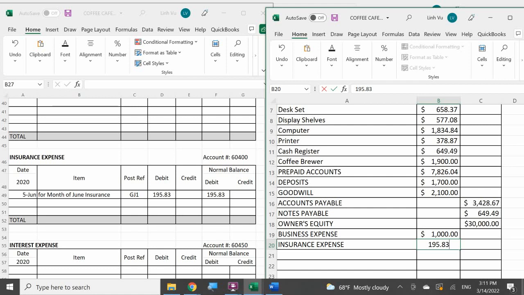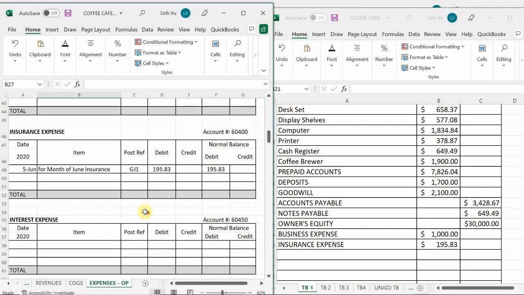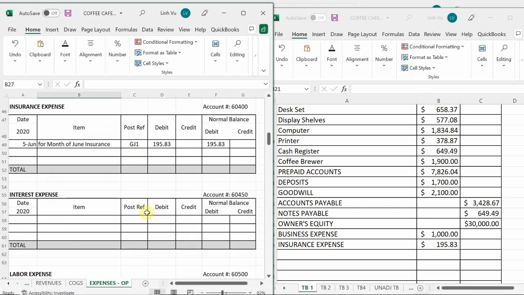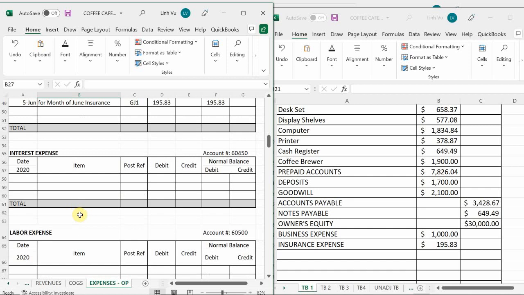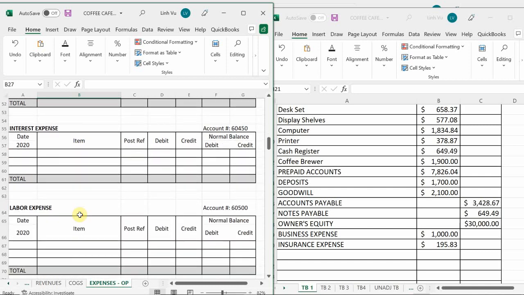It was $195.83. That's how much insurance expense was for the month of June. Let's see, did we get any interest expense? So far, no, because we don't have any interest to collect on anything right now.